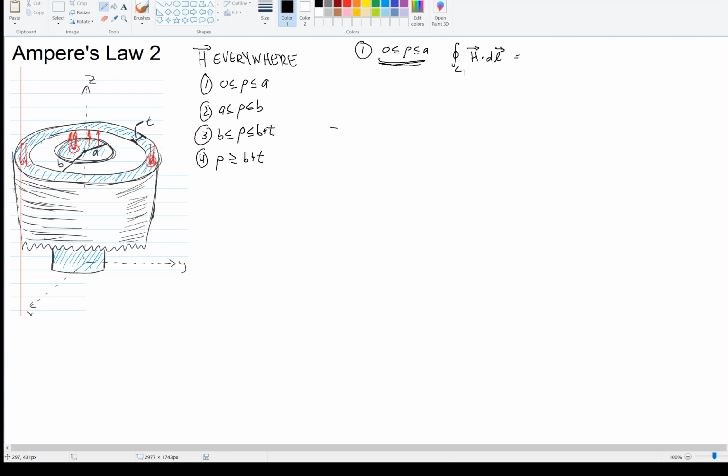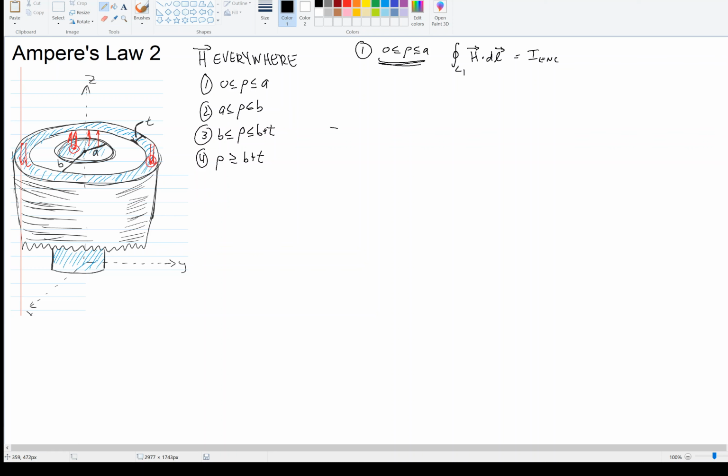In this case, the current that passes through that circle, I enclosed, is going to depend on how big we make the circle. If we make the circle very small, then it's not containing a lot of current. But if we make the circle very big, then it's containing most or all of the innermost current.